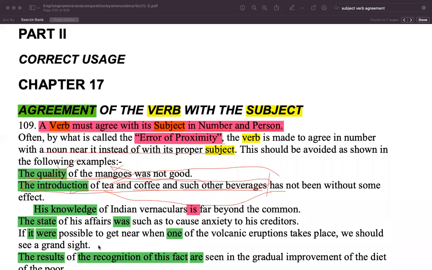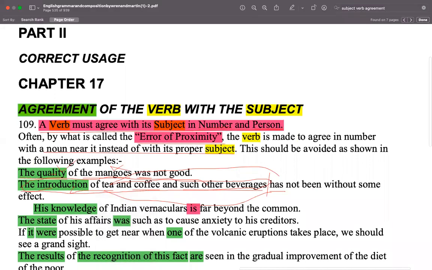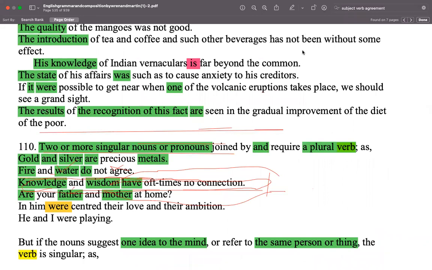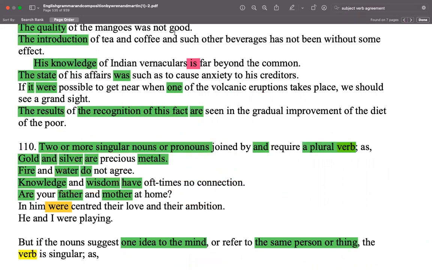Now, the next one, if you see, it is stated: his knowledge of Indian vernaculars. Again, another example. Though we find that vernaculars is plural, yet the verb given is singular. Why?